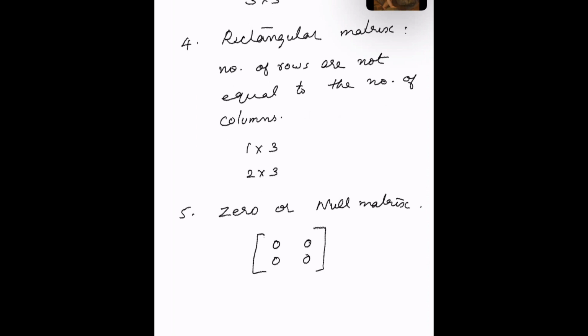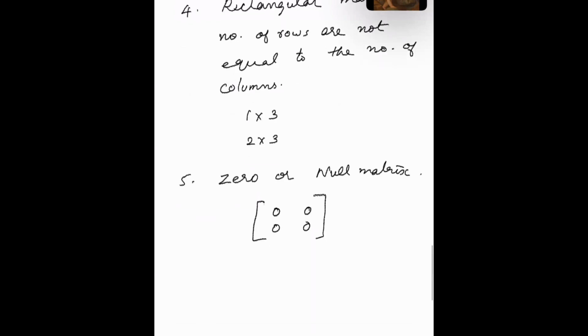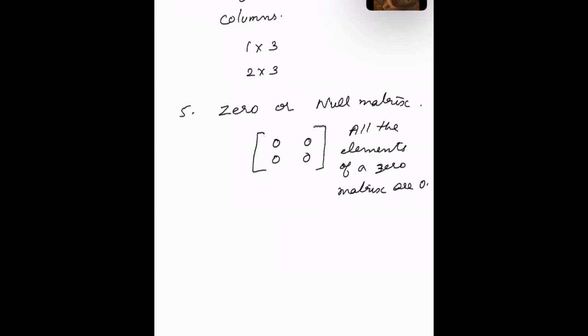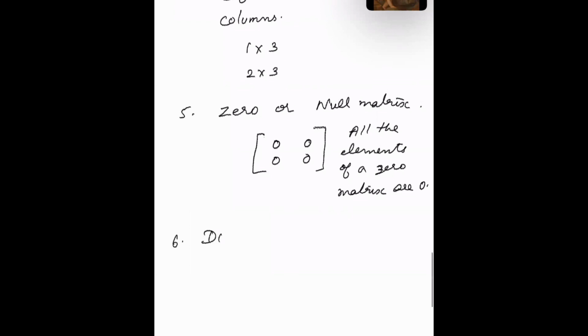So a matrix with all elements zero is called a zero matrix. Next is diagonal matrix.